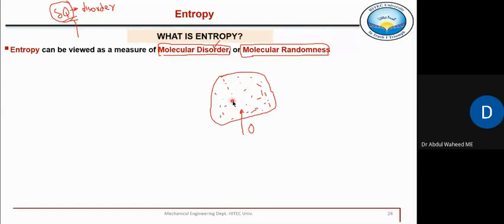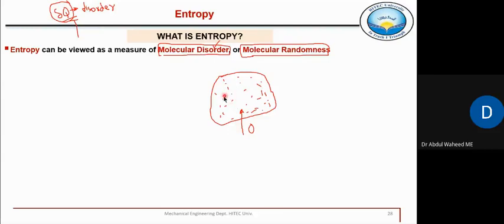This is because when we view the substance at the microscopic level, from the point of view of statistical thermodynamics, entropy is related to the total number of possible microscopic states of the system. Total number of microscopic states means maybe this molecule is here and the next moment it could be here, it could be here.